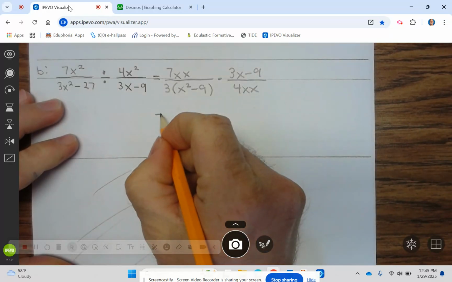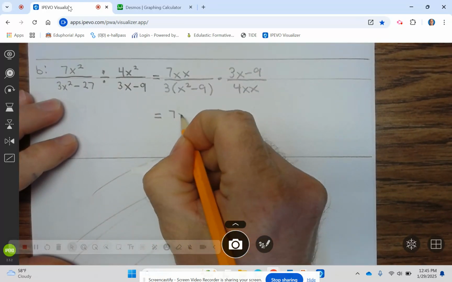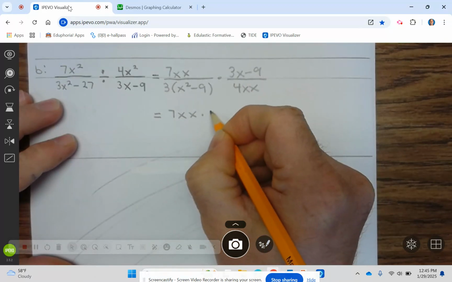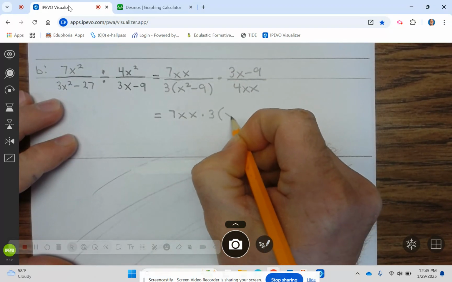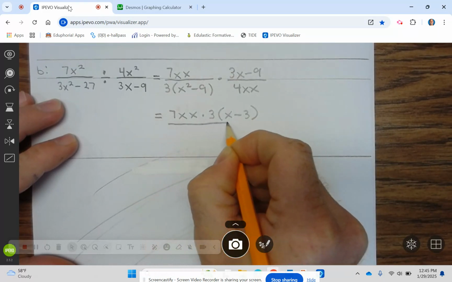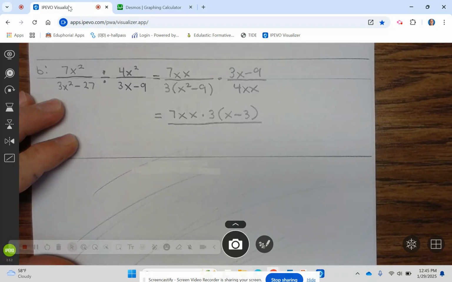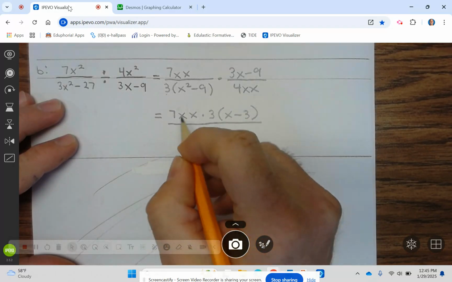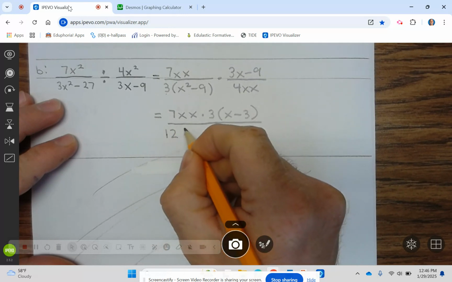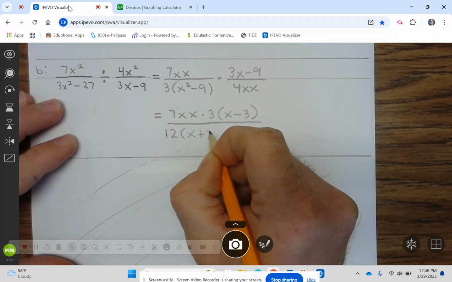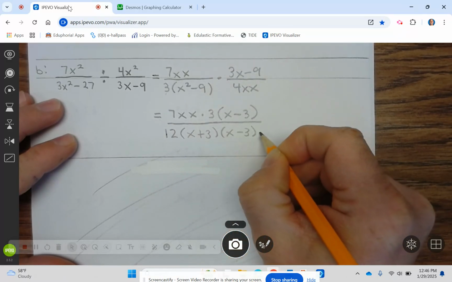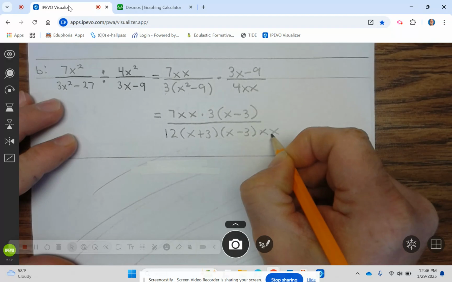So this becomes 7x times x times, we can factor out a 3, which leaves 3 times x minus 3, divided by 3 times 4 is 12, we can do that. And then x squared minus 9 factors to be x plus 3, x minus 3 times x times x.